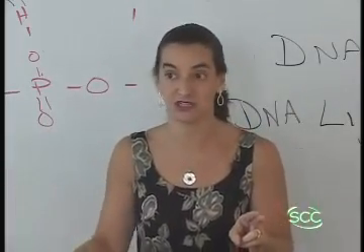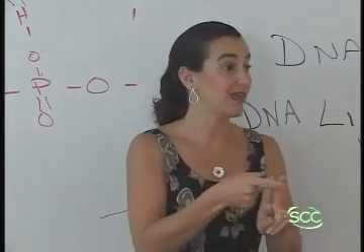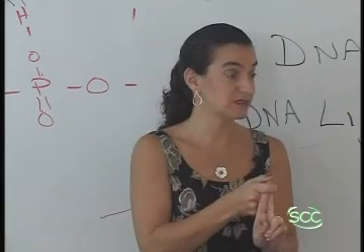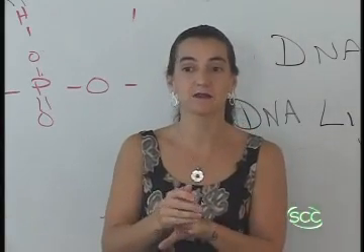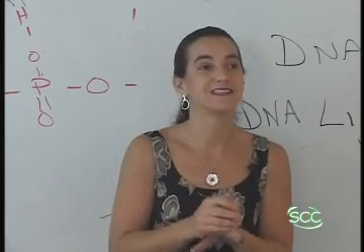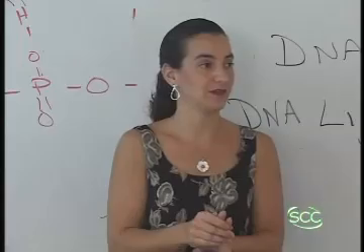It's missing that oxygen. It just has the hydrogen. RNA has uracil. RNA is a ribose sugar instead of a deoxygenated ribose sugar. And RNA is single-stranded versus DNA being double-stranded.